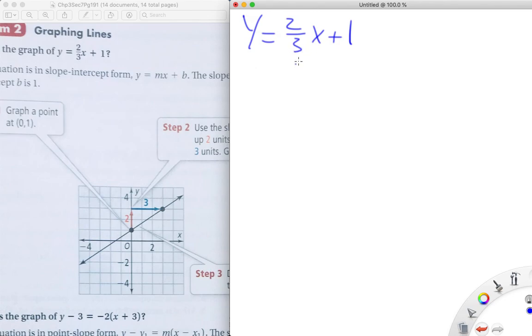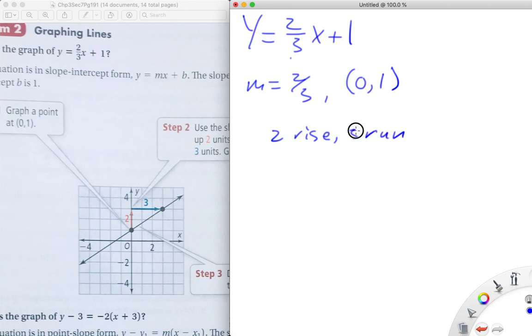So since I have the slope and I have the y-intercept, remember the y-intercept is y when x is 0, I have a point, a starting point. So remember that 2 would be my rise and 3 would be my run.